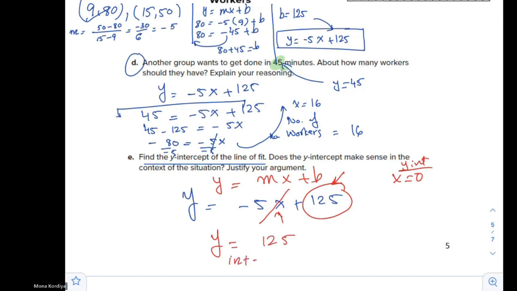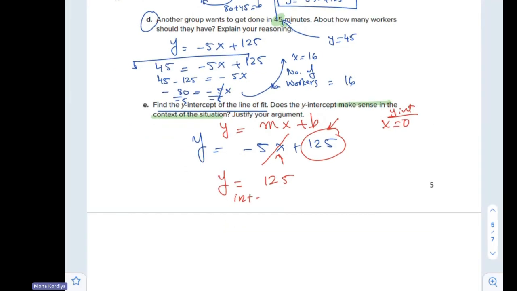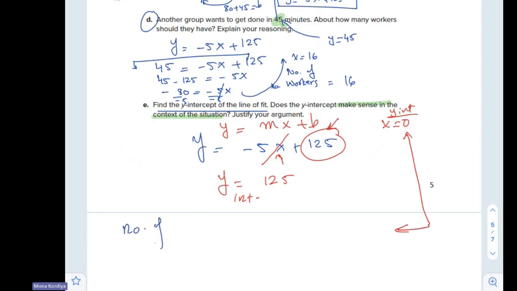And this is the y-intercept. Then the next part of the question is asking, does it make sense in the context of the situation? Does it make sense that the y-intercept is equal to 125? So referring to the context of the problem, the y-intercept is when x is 0. It means when the number of workers, which is x, equals 0, the time spent equals 125 minutes.